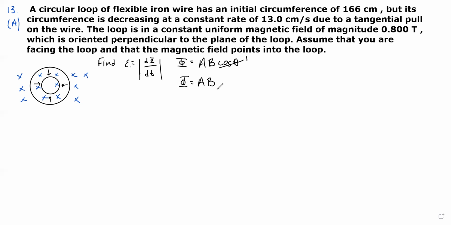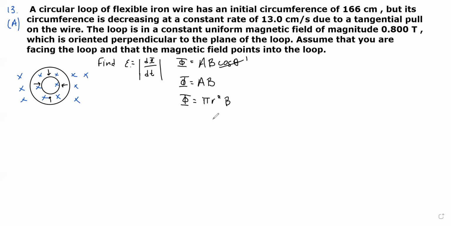All right. Area is changing, right? So we can't just write area. It's area that's varying. So we rewrite area as pi r squared times B. And then we get another problem here because we're going to have to write this in terms of changing circumference.